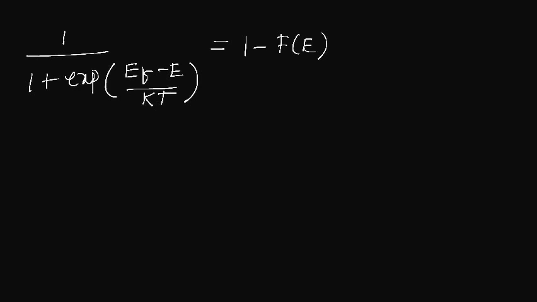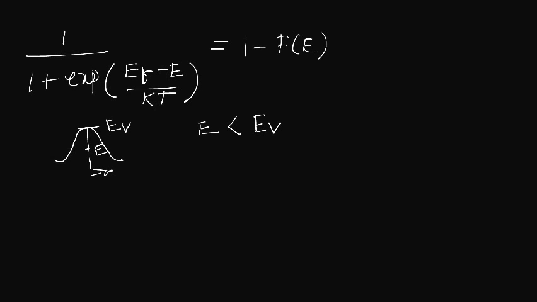For energy states in the valence band, this is the structure of the valence band, where the maximum value of energy in the valence band we defined as EV, and the bottom we have taken as minus infinity. Any energy state here, let's say E, is always less than EV.